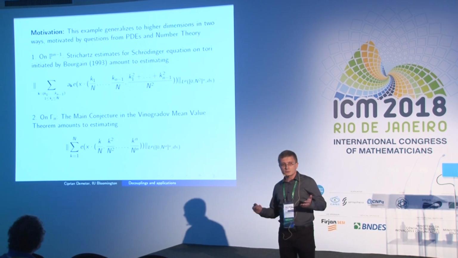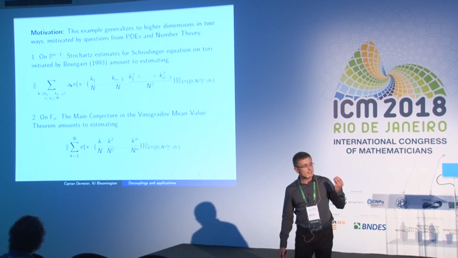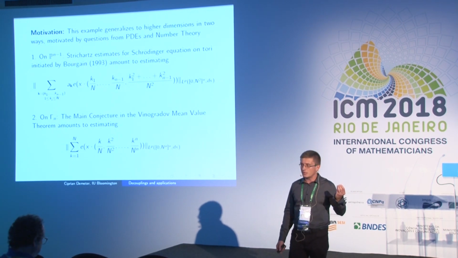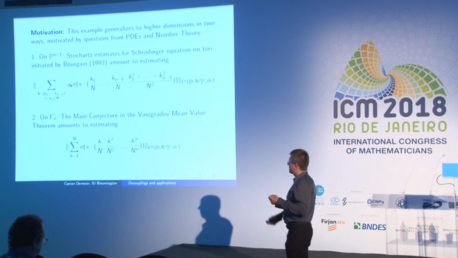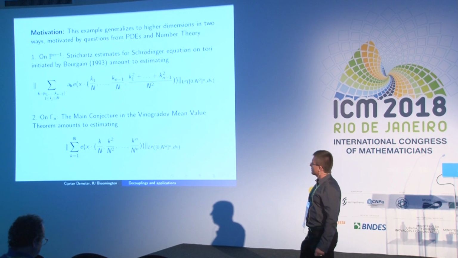People tried to apply all sorts of number theoretical methods. It has a little bit of number theoretical flavor if you look at it. Well, we ended up solving this problem using decouplings and using essentially no number theory. I'm going to get back to that in the end.